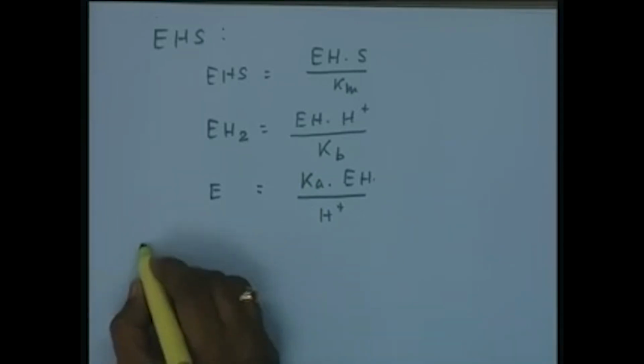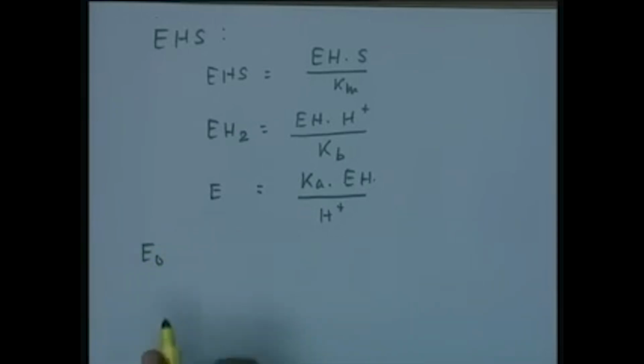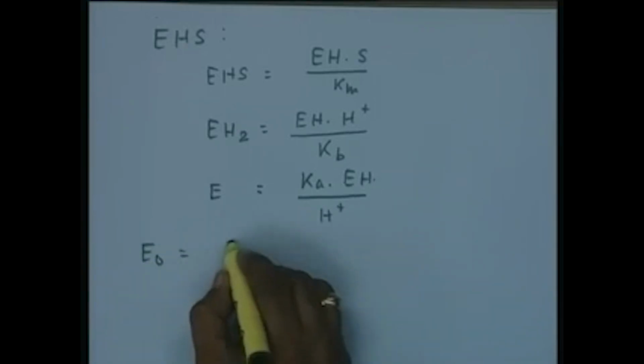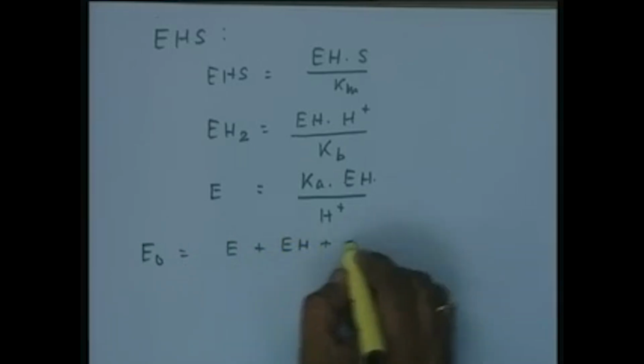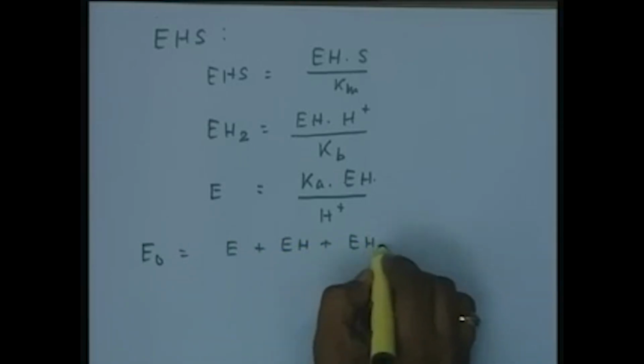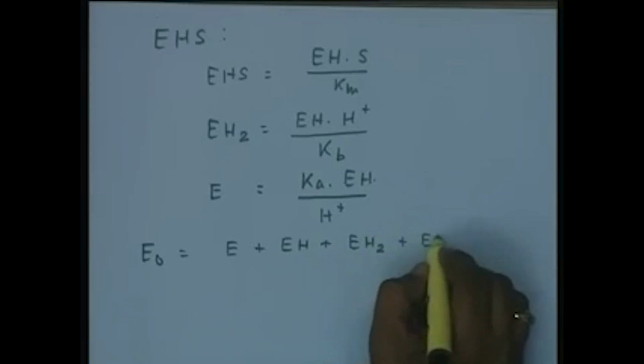And of course, our total enzyme concentration E naught will be equal to free enzyme plus EH plus EH2 plus EHS.